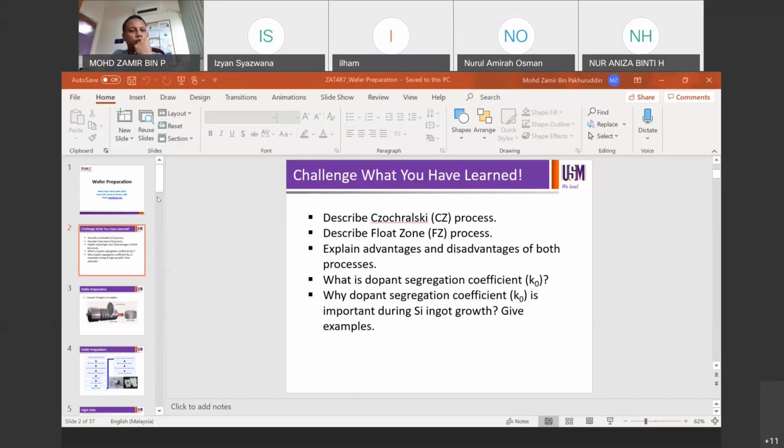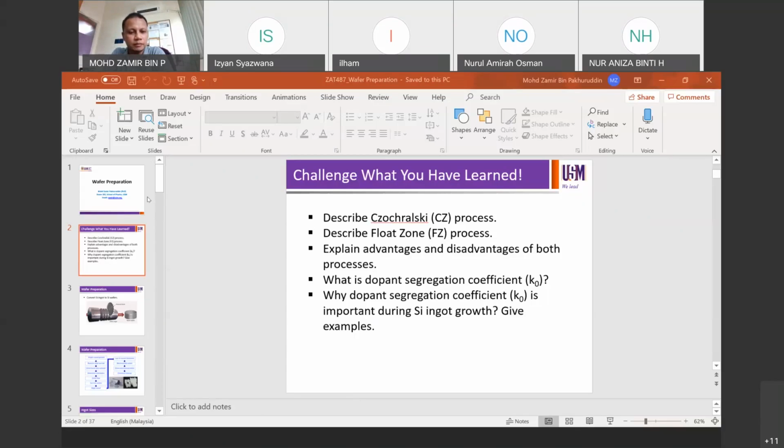Naim? All right, Shami, CZ uses crucible, so therefore, if you use crucible, then what makes the oxygen higher? Ada satu keyword saya cakap semalam during the class.